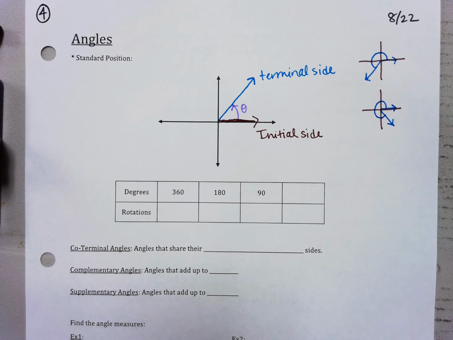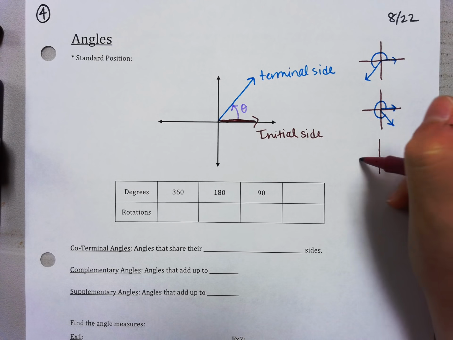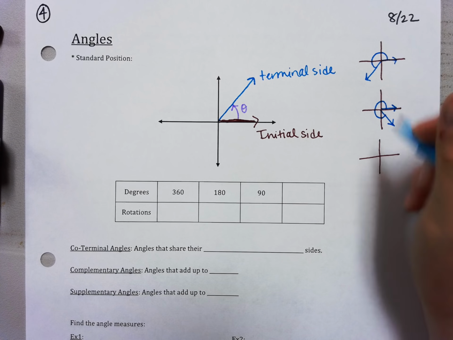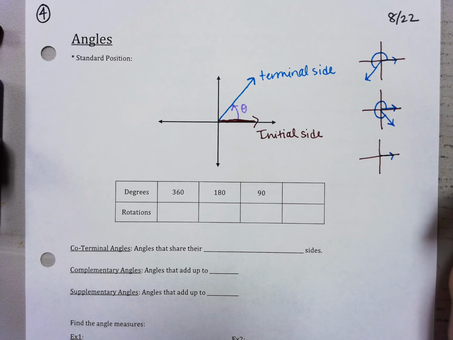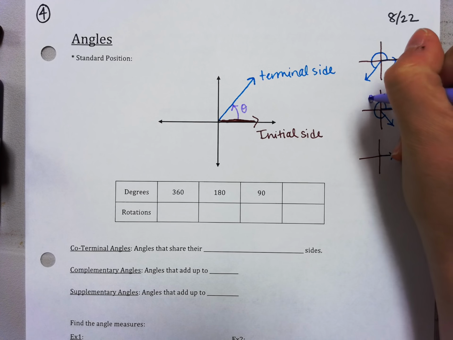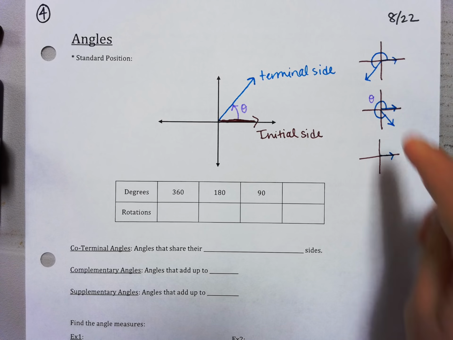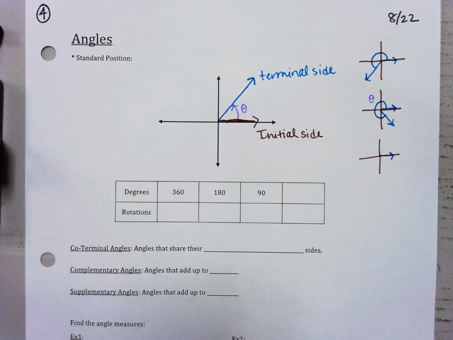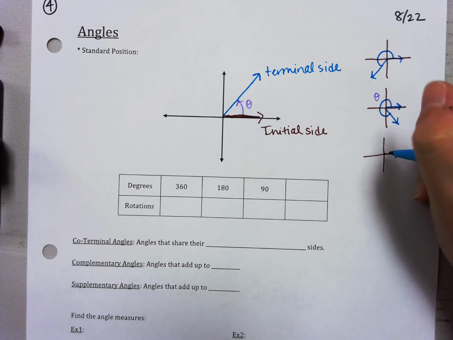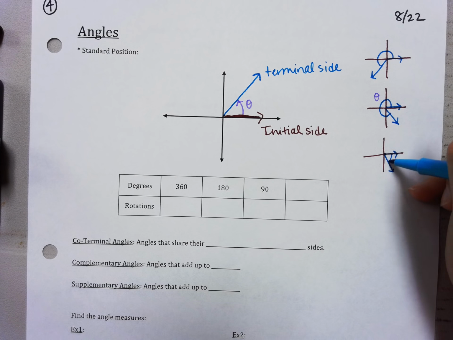Now there is a possibility, so I'm going to draw the same terminal side. We always go counterclockwise around our circle. So this would be really the theta that we're looking at. It'd be this large angle. However, sometimes we have the same terminal side and we can go clockwise, and we measure that by a negative sign.